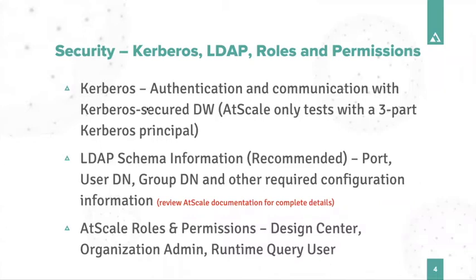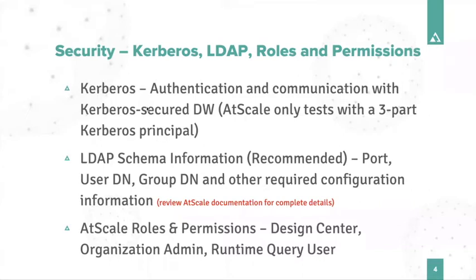Now, AtScale supports roles and permissions, and AtScale also supports groups. So your Active Directory groups can be mapped to AtScale roles and groups, and you can secure the AtScale platform at the very granular level, which is at the permissions level. There are 3 default AtScale roles that are available in the system.